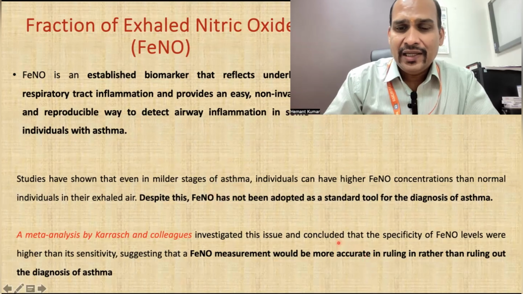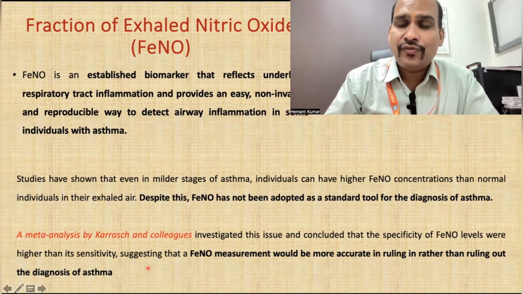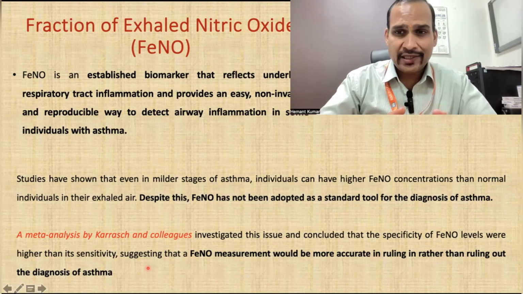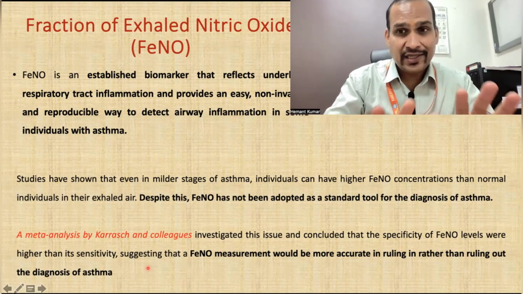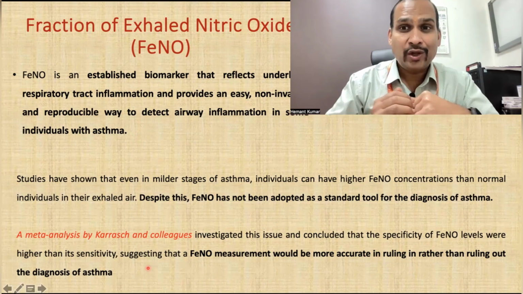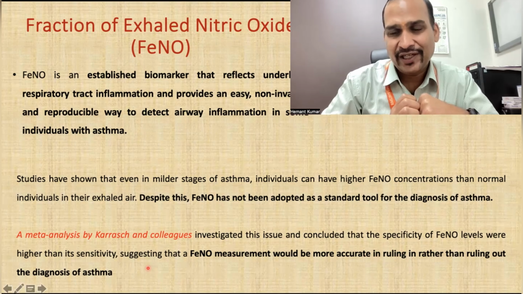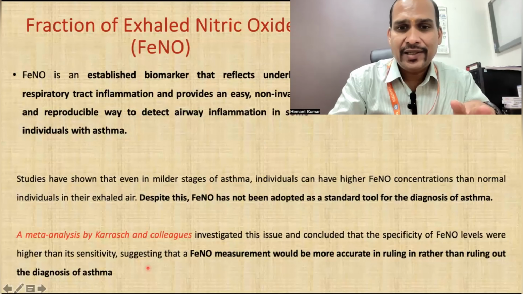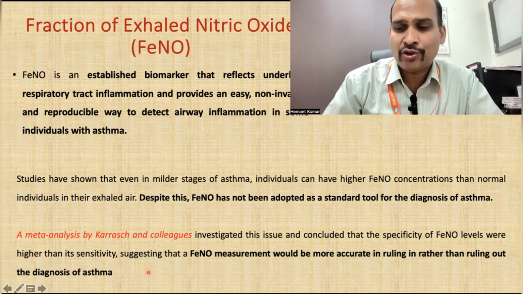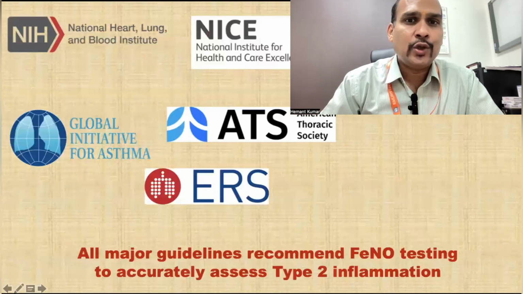This means it is more accurate in ruling in rather than ruling out asthma. If nitric oxide is increased, you can say this is asthma. But if nitric oxide is normal, you cannot rule out asthma. That's why this test, despite being very useful, is not adopted as a standard tool for diagnosis of asthma.